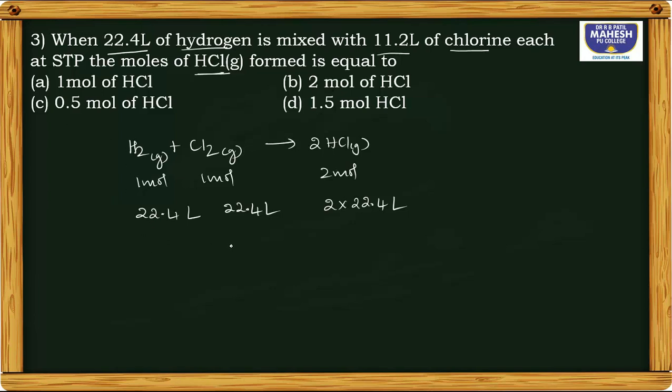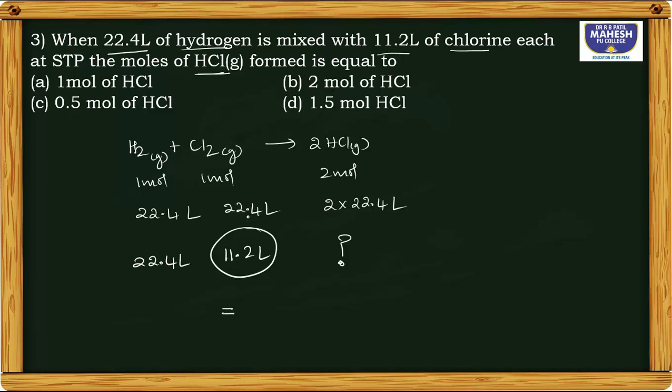So here they have given 22.4 liters of hydrogen, but the chlorine they have given is 11.2 liters. So automatically this is going to be our limiting reagent. This is going to decide how much HCl is going to be produced. Now how to find out how much volume of HCl is going to be produced?